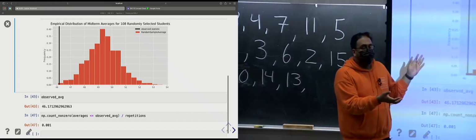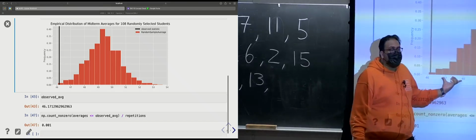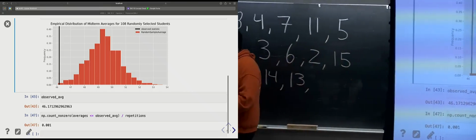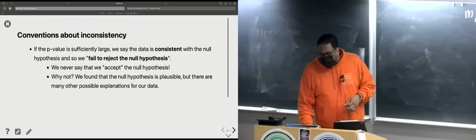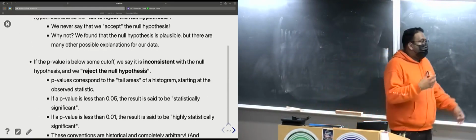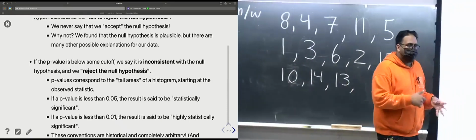Do we agree? Right, so if this line was somewhere over here, and the area was much greater, then it seems like our observed data is consistent with the null. Do we agree? Okay. But if the p-value is below some cutoff, well then it seems like our observed data is inconsistent with the null hypothesis.